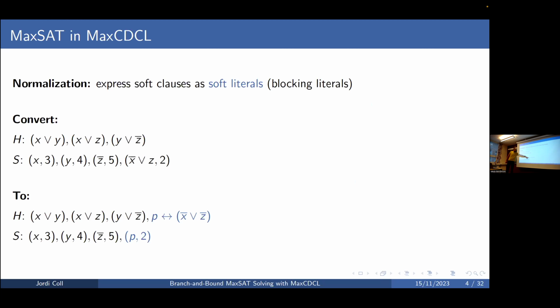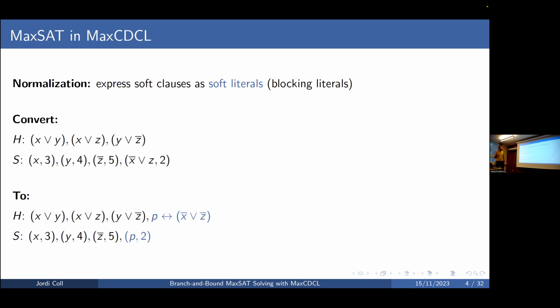This variable is true if and only if the clause is true, meaning that the cost incurred is the negation of the variable. I think it's the other way around in blocking literals; that's the only difference. So if the clause is falsified, the literal is falsified, and this makes you pay a cost in the objective.